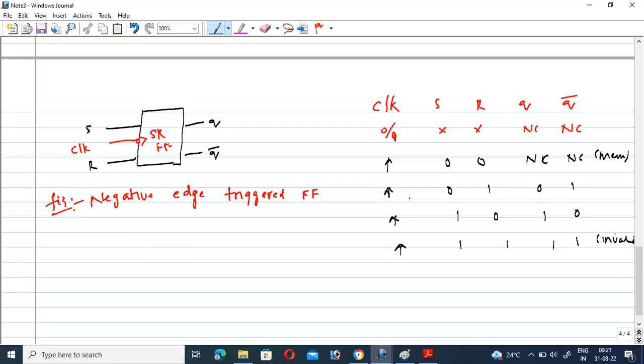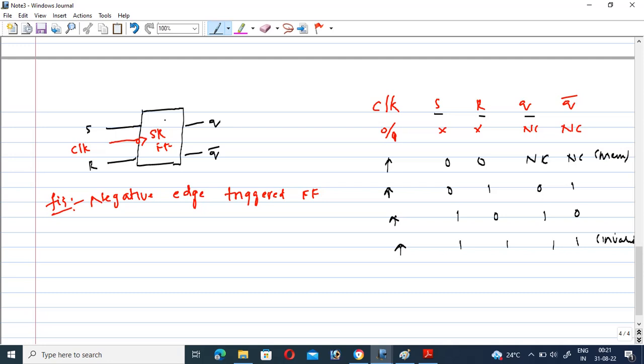We have to take three variables, S, R and Q. The characteristic equation tells us what the output of the SR flip-flop is after the clock pulse, Q of t plus one. That is nothing but the next state.